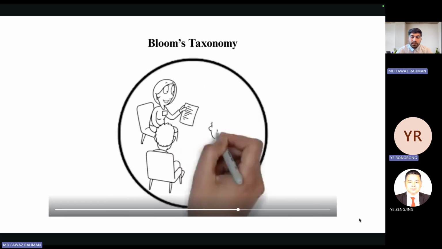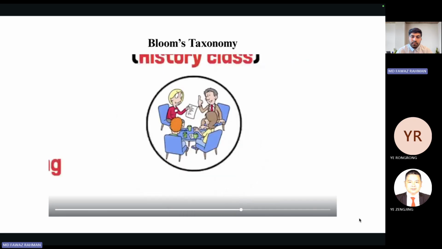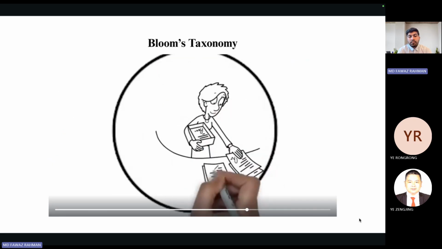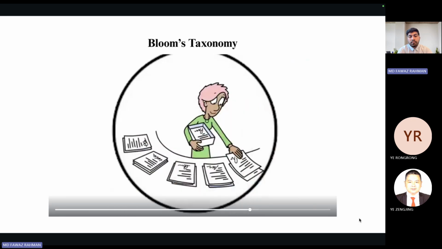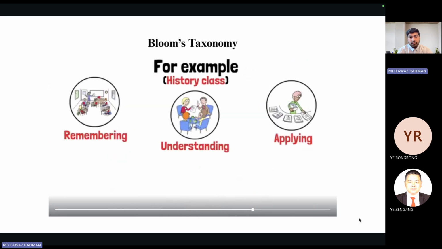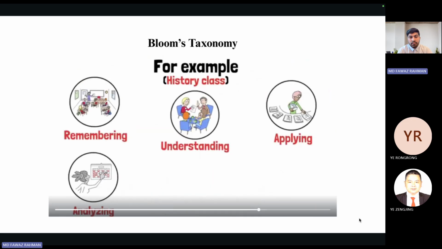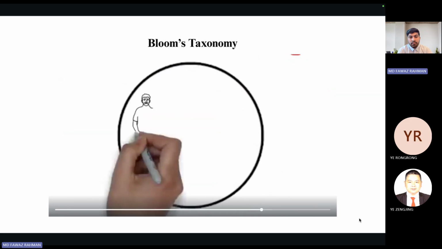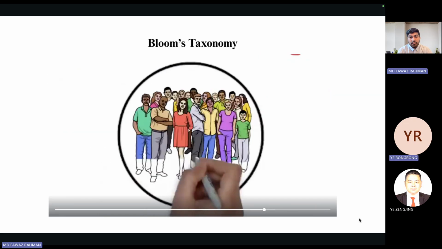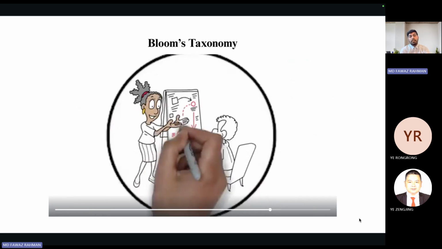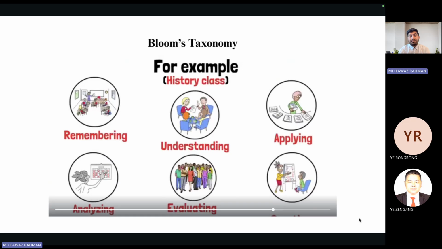Next, they might ask students to explain the causes of these events, understanding. Then, students could apply this knowledge by discussing how these events might have unfolded differently under different circumstances, applying. They might then analyze different historical sources to understand various perspectives on the events, analyzing. Students could evaluate the impact of these events on current society, evaluating, and finally create a presentation or project that connects past events to modern issues, creating.